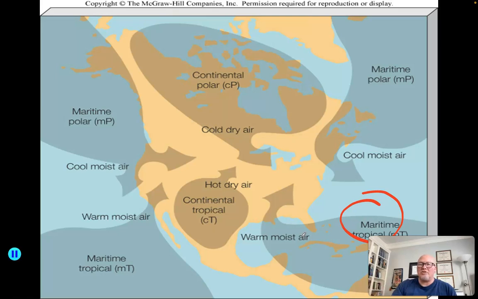Continental air masses don't usually contain a lot of moisture, but if you take a look, this is the United States right here. If this continental polar air is coming this way, look what's right here: the Great Lakes. If you have this cold, dry air and it moves over one of the lakes, because it's dry, it's going to start to absorb a lot of moisture from the Great Lakes.